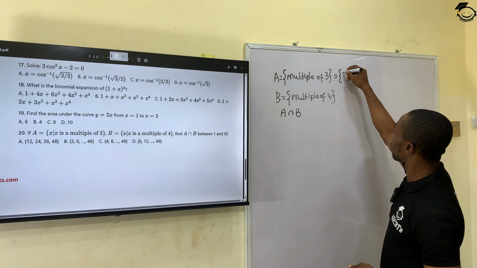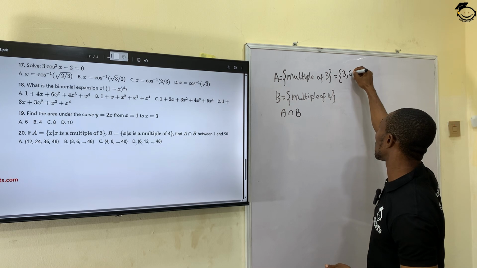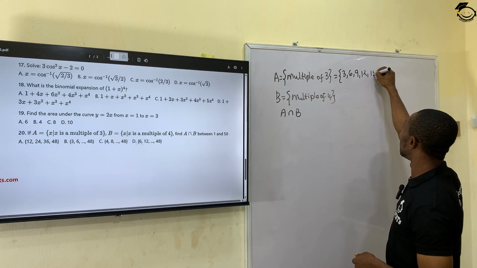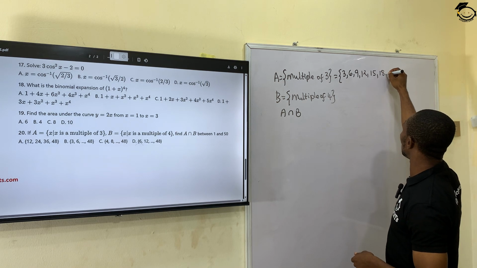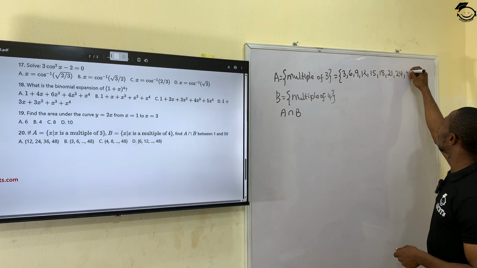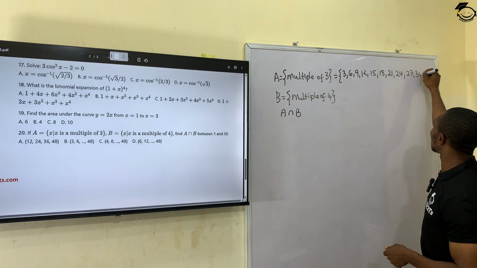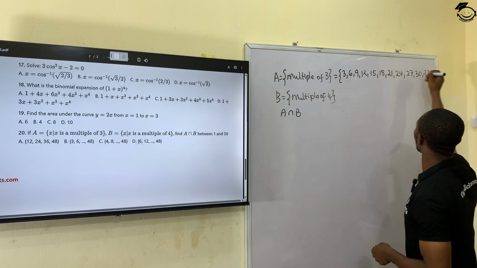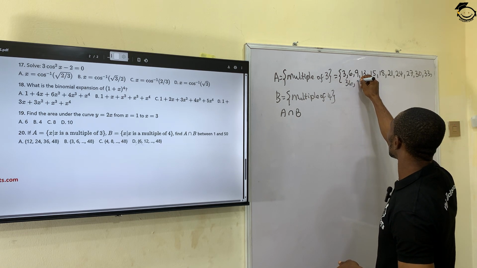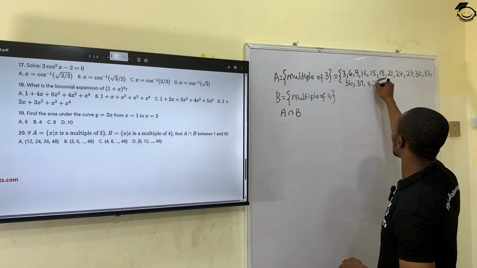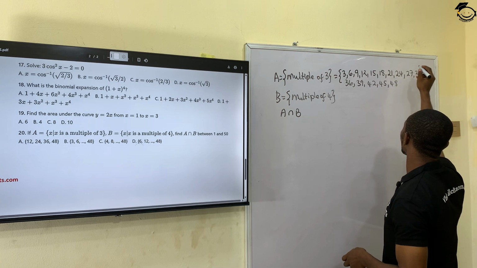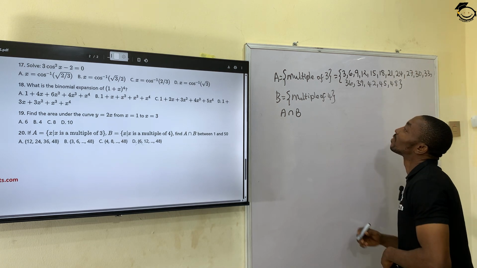So we have 3, 6, 9, 12, 15, 18, 21, 24, 27, 30, 33, 36, 39, 42, 45, 48, and that's all.